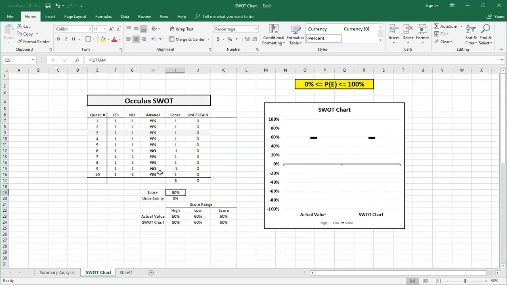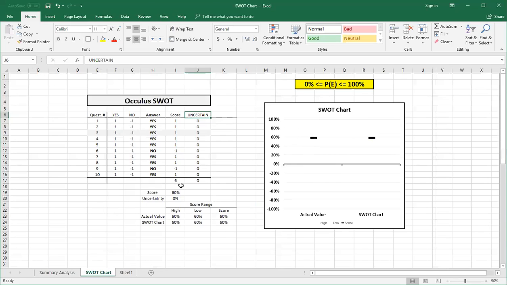We take the ratio of what you've got to the total number of questions, which is 10. I'll come back to the uncertain column. You recognize these answers, yes, no, uncertain, from Oculus.